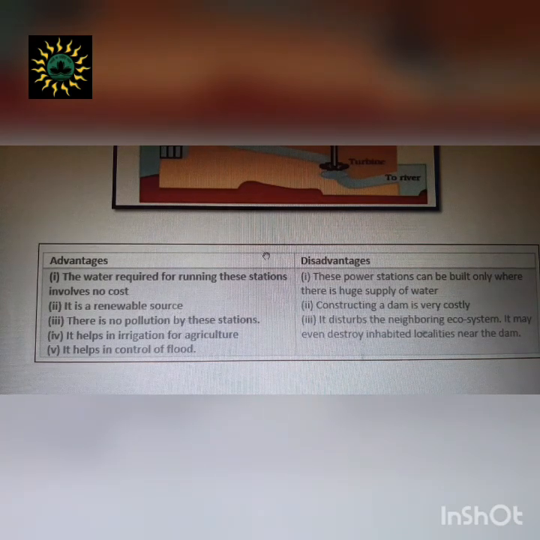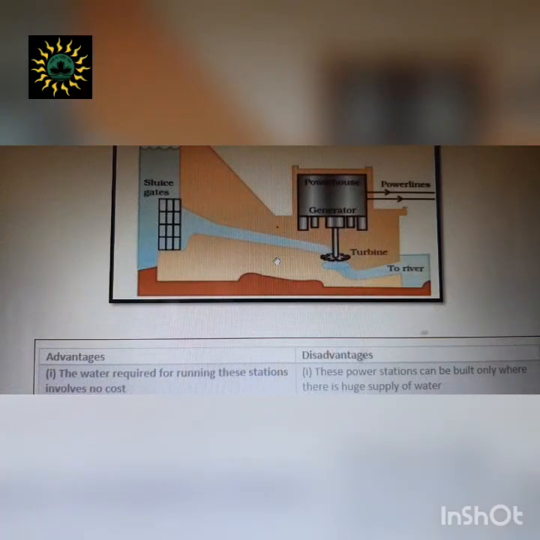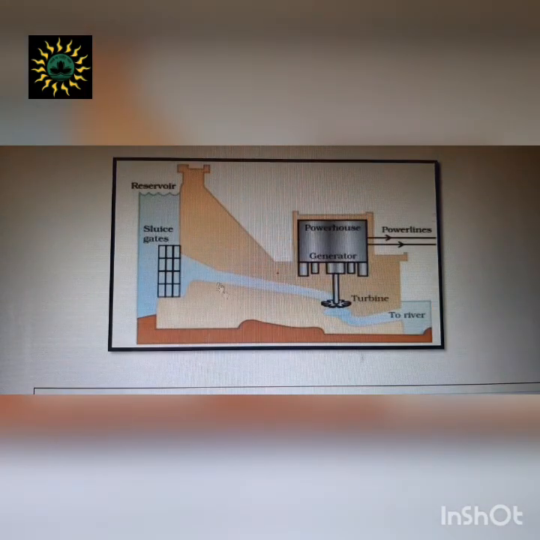One thing I want to highlight is that it maintains the water cycle. The energy of the water is used to rotate the turbine, and after this is done, the waste water comes out through this line and falls into the normal river.